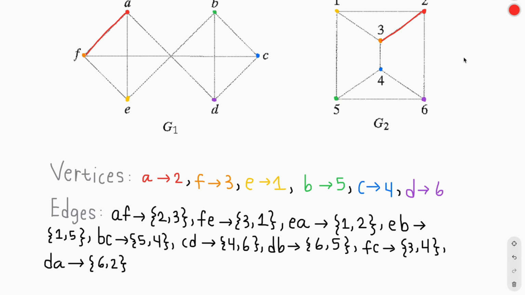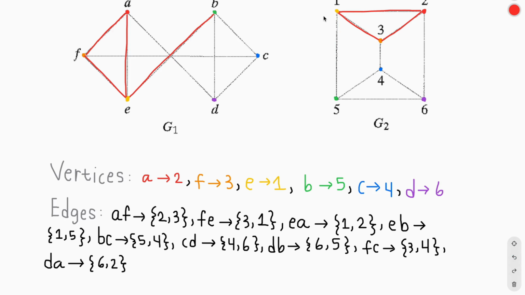If we keep going, FE corresponds to 3, 1, and AE corresponds to 2, 1. Now this big edge here, EB, corresponds to 1, 5. Let me redraw that edge.